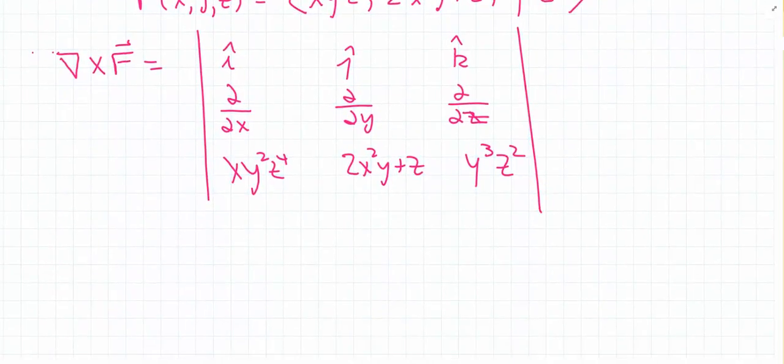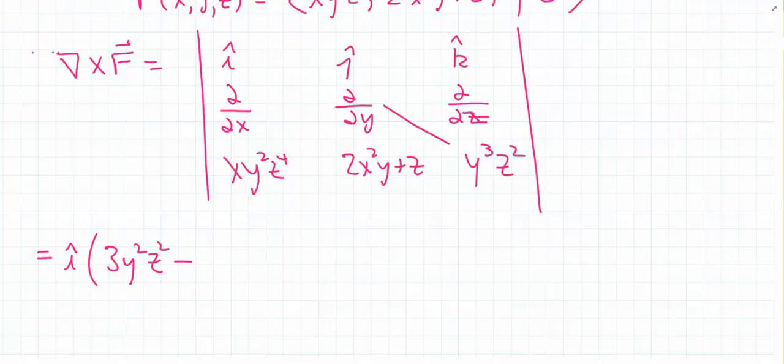Okay, so here we go. First of all, I'm going to take the partial with respect to y of these two terms right here. So this is going to be i times the partial with respect to y, that's going to be 3y squared z squared, minus the partial with respect to z, and that's just going to be 1. That's easy.